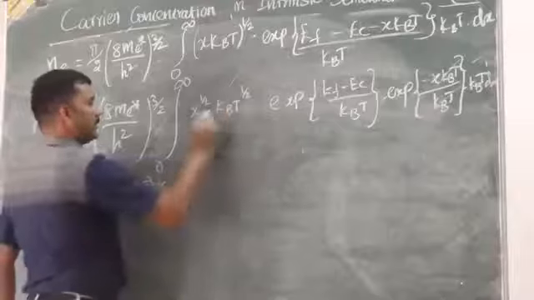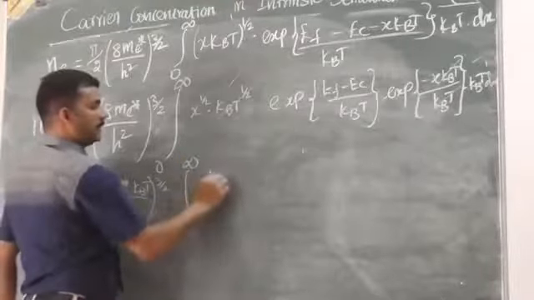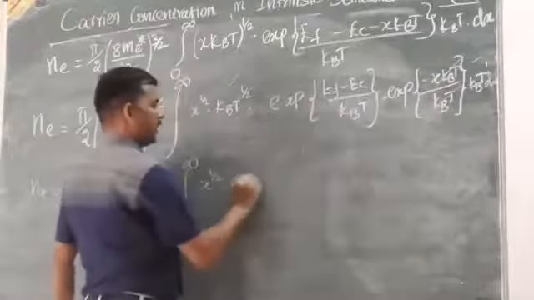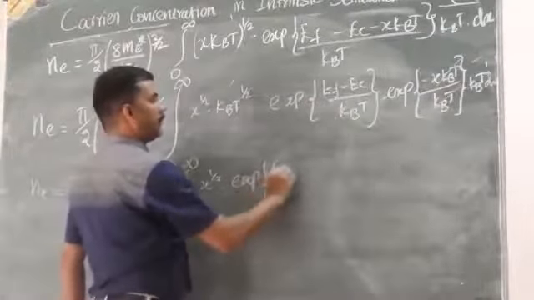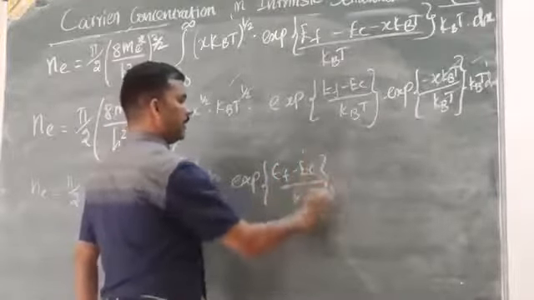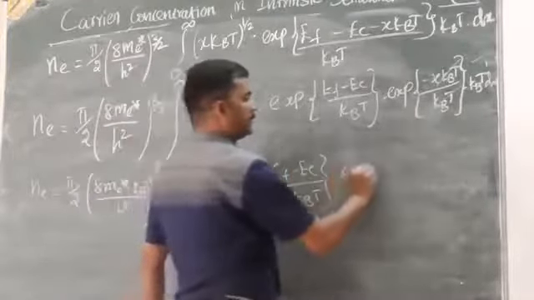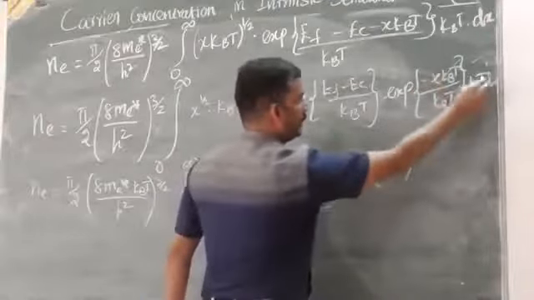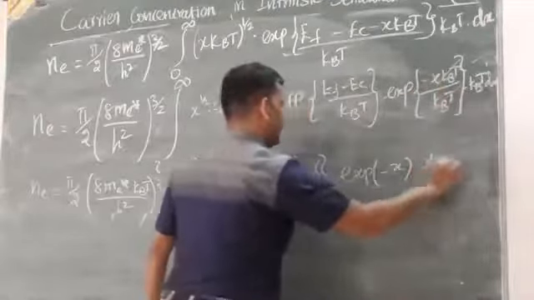So remaining only x to the power of is there, and here exponential of (EF minus EC) divided by kBT is remaining, and exponential of minus x is remaining, and dx is remaining.